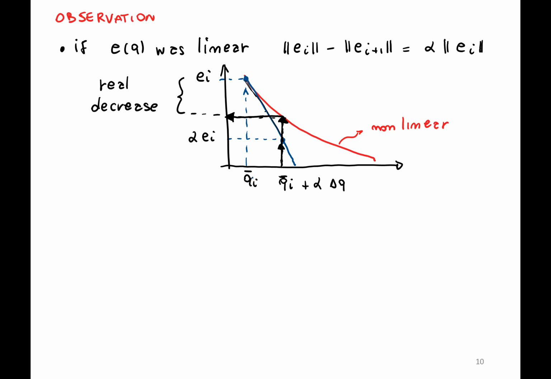So the decrease of the error in the linear case is the amount of alpha, because if we set alpha to 1, we get the full decrease of the error to 0.